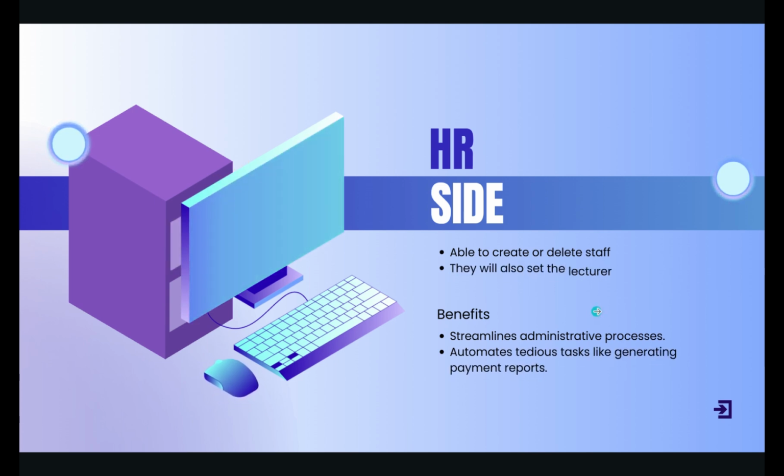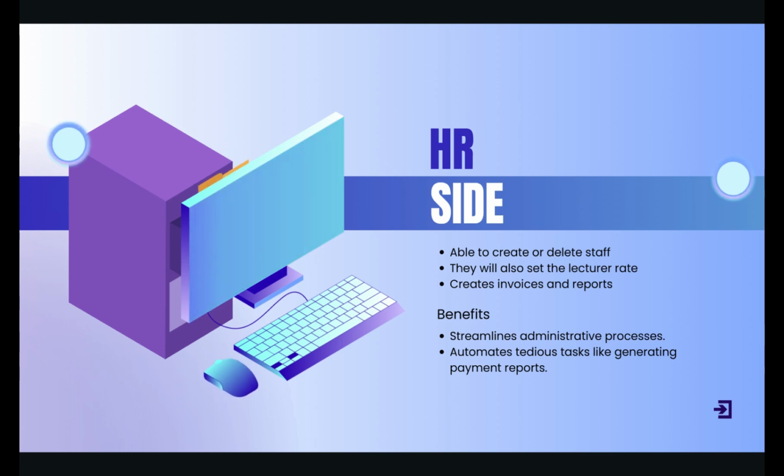Now, the HR side is essentially the overarching side of everything, where they don't necessarily interact too much with the claims and all that, right? But it's more that they create and delete things, they set lecturers' rates, and they also create invoices and reports on everything that has been done on the website.